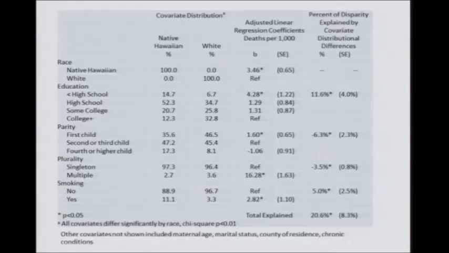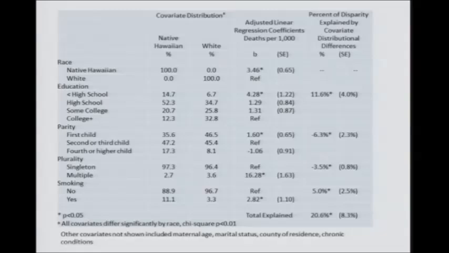But really what you do then, let's look at education. You take 14.7% minus 6.7%. So that's the proportional disparity there. And multiply it by that beta coefficient for having less than a high school education.